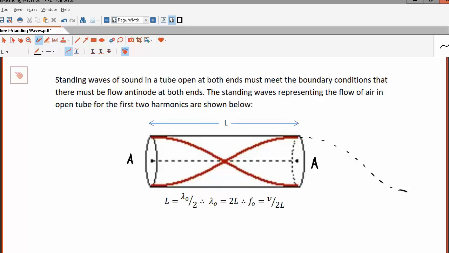So that's of course referring to the fundamental frequency. If this length represents half the wavelength, therefore the wavelength is twice the length. Therefore the fundamental frequency is the velocity divided by 2L.